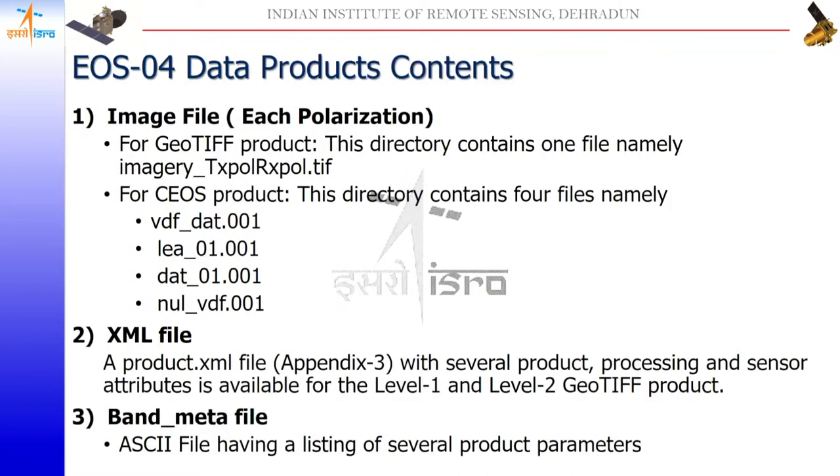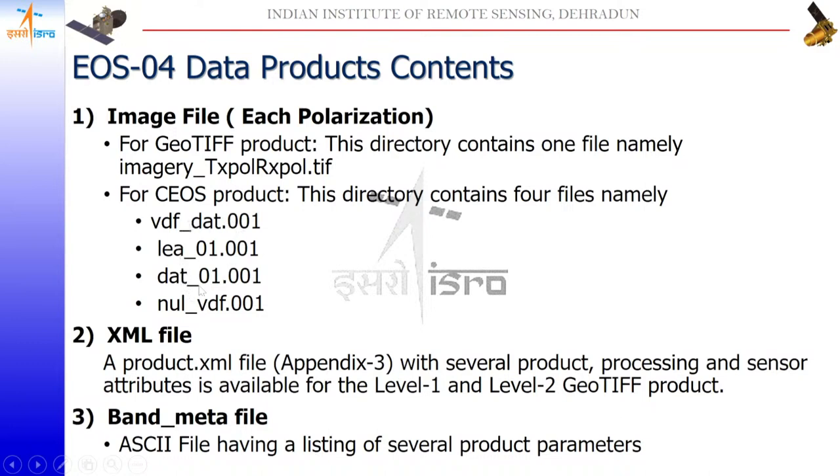In the EOS data product we have the image file, which is available in the GeoTIFF product and the COS product, for each polarization. It contains the image like a TIFF file, so you just open this TIFF file as a GeoTIFF product, or it can be available as the COS product, which comes as these 4 files.